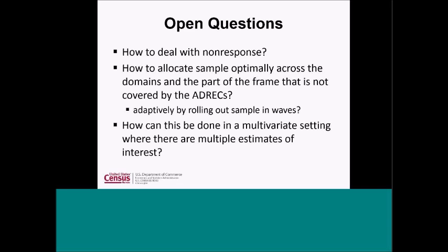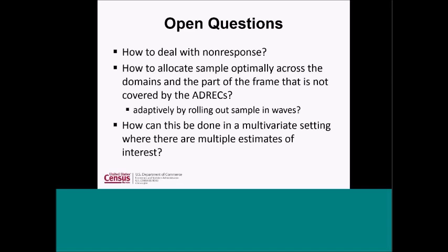The other one that gets tricky is how to allocate the sample. So you're looking at which domains, if you do it in domains, to allocate the sample to estimate the error versus to put in the coverage area, and how does that change from information you know from year to year if you're doing an annual survey.